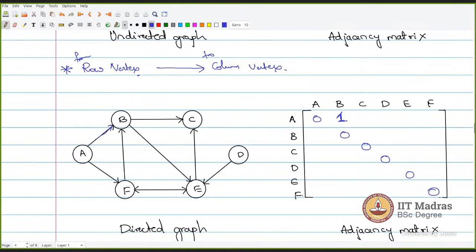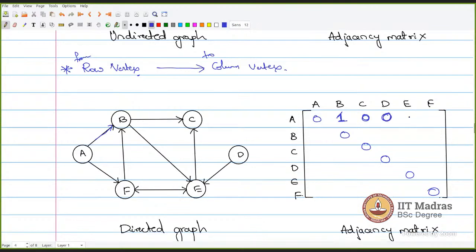Is there an edge from A to C? No, the direction is important. From A to C, no. There is no edge connecting A and C. So it is 0. AD, 0.